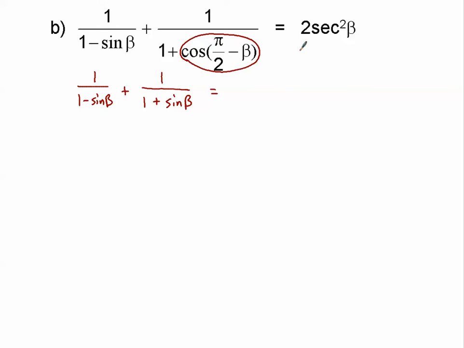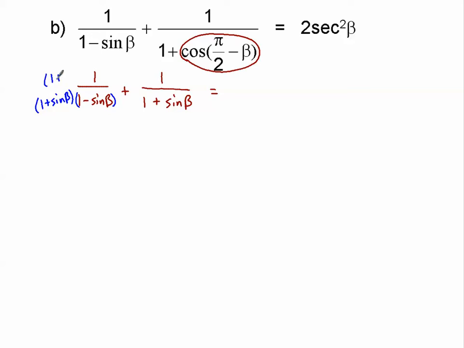And I'm just going to use my equal sign. I know that we're eventually going to be equal to that. So now I've got these two fractions. I'm sure they're just dying to be combined together somehow. They don't have the same denominators, unfortunately, so that means I'm going to give the same denominators to them. This one has a 1 minus sine, but it's missing the 1 plus sine. So I'm going to give it a 1 plus sine. Probably should put both things in parentheses.